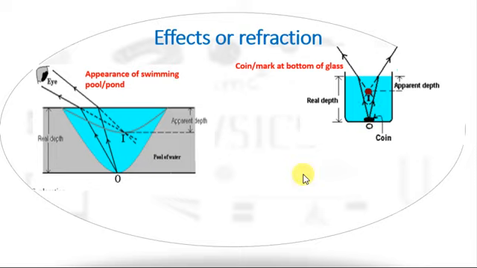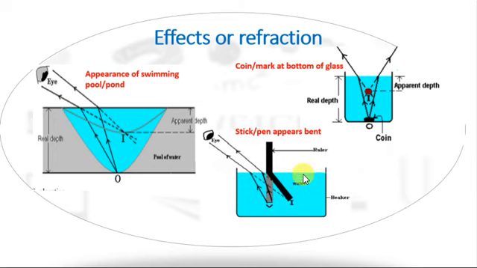Another issue is if you've ever placed a pen or a stick in water or in a cup, it will appear as if it is bent, as if it is broken, when in actual sense it is straight. Why? Same thing. The stick is here, straight, see the gray part, that is where the stick is supposed to be. Now the rays from the bottom, as they are moving out, are bending away.